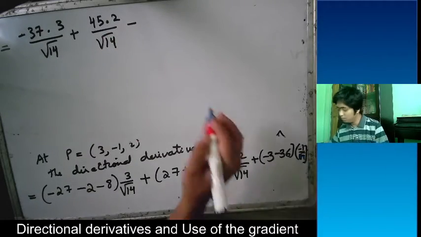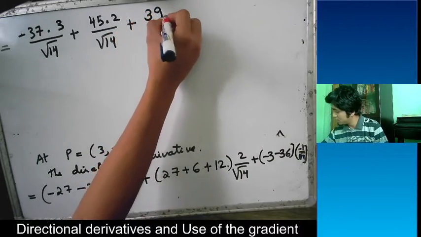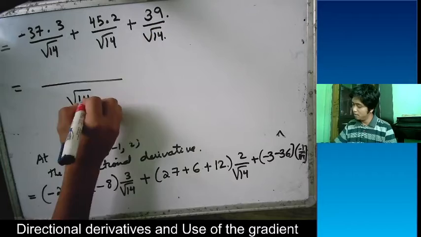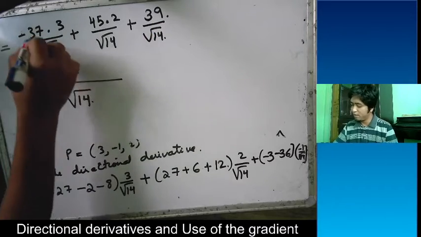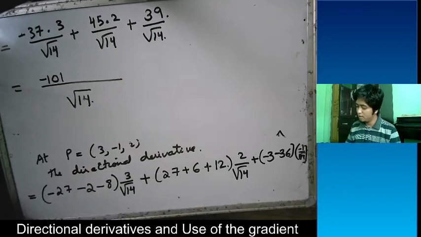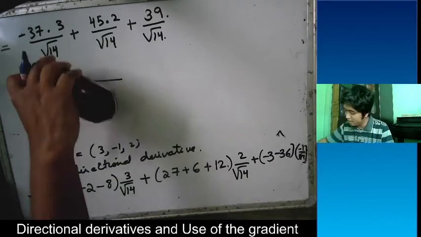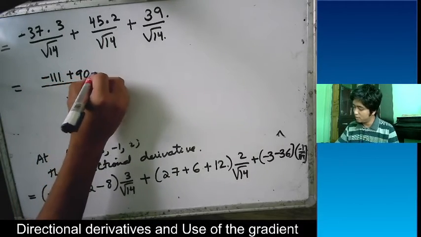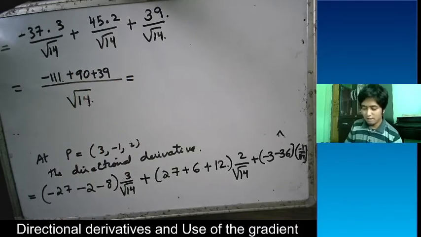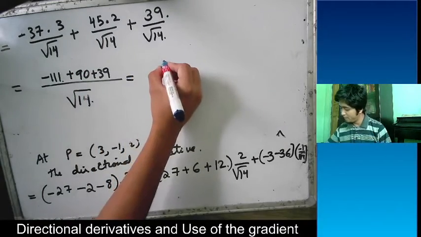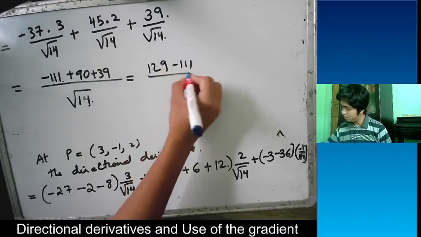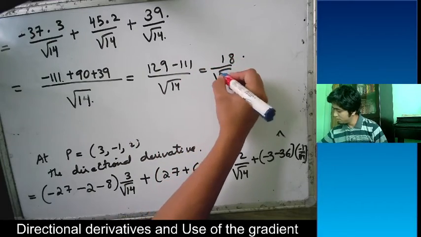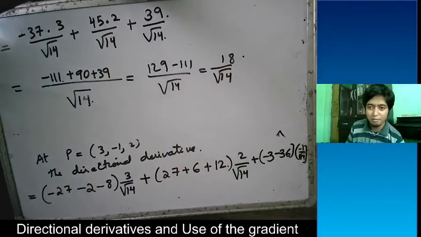But with this minus 1 you will be having plus 39 upon root 14. So overall the answer will be upon root 14: 21, 29 minus 101, minus 111, plus 90 plus 39. 90 plus 39 will give you 14, 91. Okay, so this one will be the required answer, 18 upon root 14.